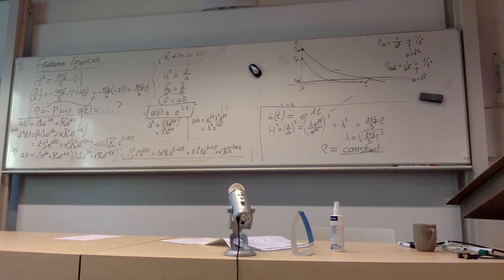At the beginning I tried to solve this exercise as we solved the one with radiation and matter, so that we have not this type of differential equation, but the first derivative to the power of 2 divided by a is equal to the second derivative of a.